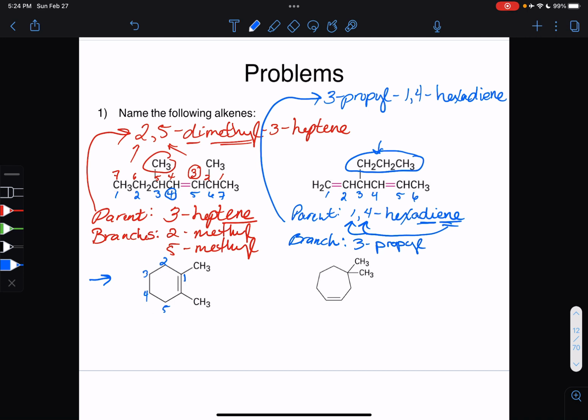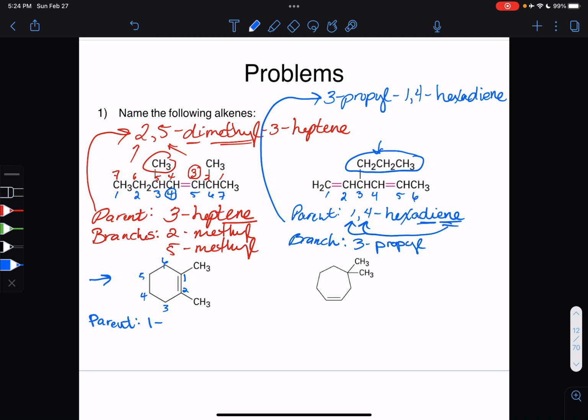Okay, so let's back up. And we're going to erase that right there. Now let's just continue to number all the way around so we can see how many carbons we have in our ring. Okay, good, we have 6. So let's take a look at what our parent chain would be called. So we're going to go ahead and say, all right, we've got a double bond there, so I need to locate that, and I'll say that we've got a double bond between carbons 1 and 2, which I just label with a 1.